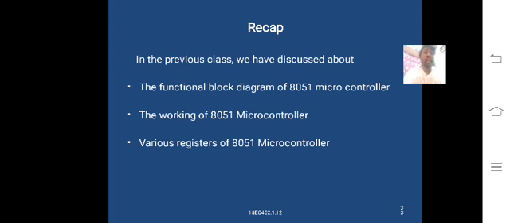In this particular functional block diagram, we observed some drivers, that is port 0, port 1, port 2, port 3, the parallel input output address lines, all are 32 registers.